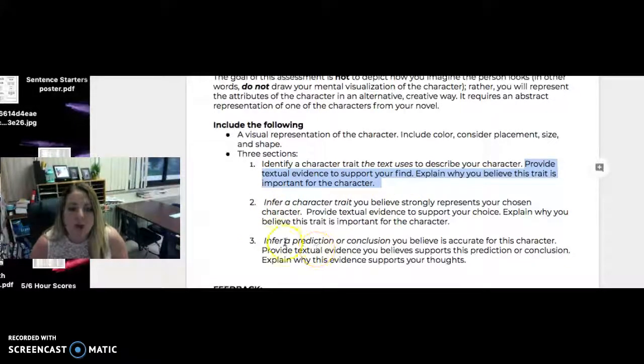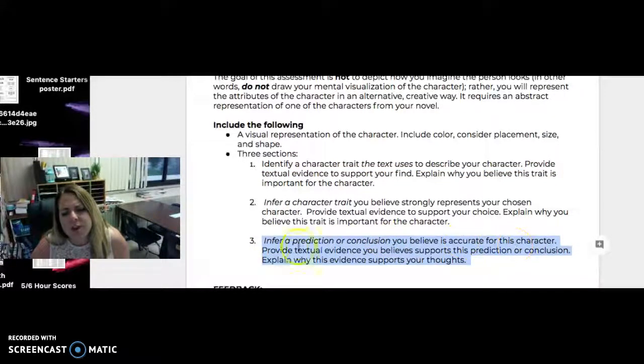Okay, cool. And then the third one says to infer a prediction or conclusion you believe is accurate for this character. Provide textual evidence you believe, that's a typo, supports this prediction or conclusion. Explain why this evidence supports your thought. Oh, look, same thing again at the end here. So I really just need to focus on the beginning. Infer a prediction or conclusion you believe is accurate.